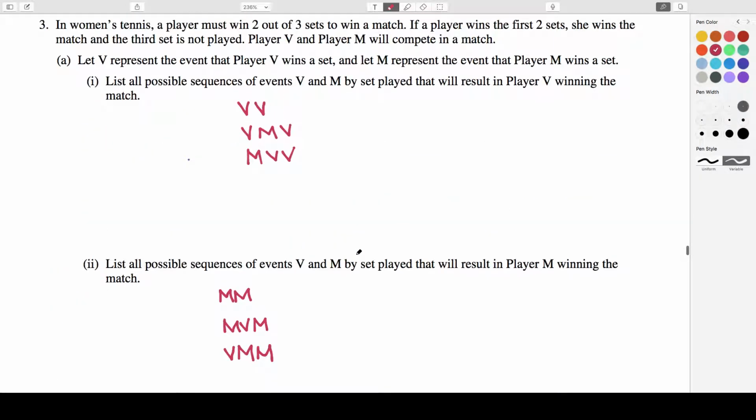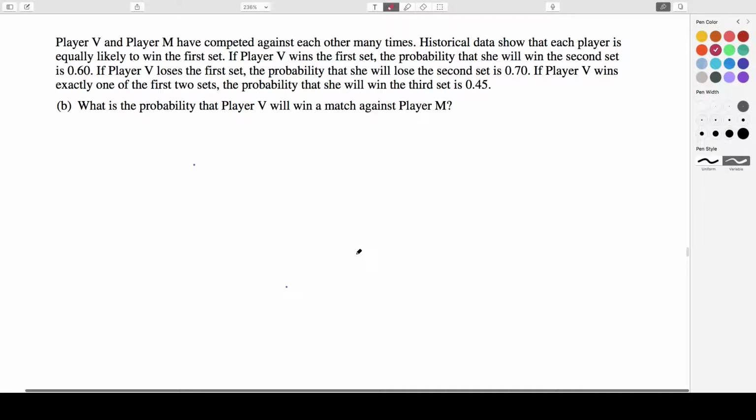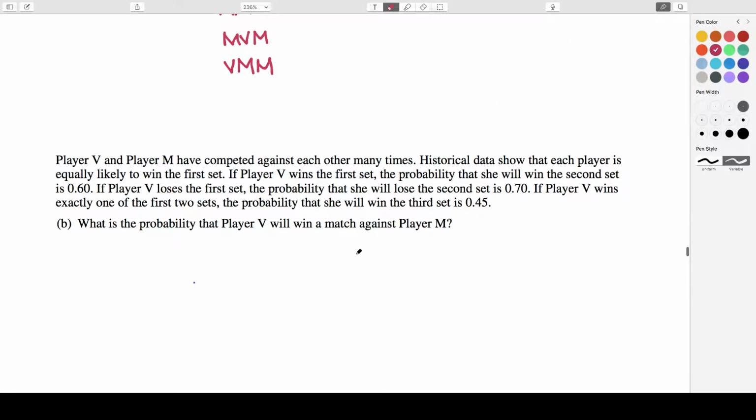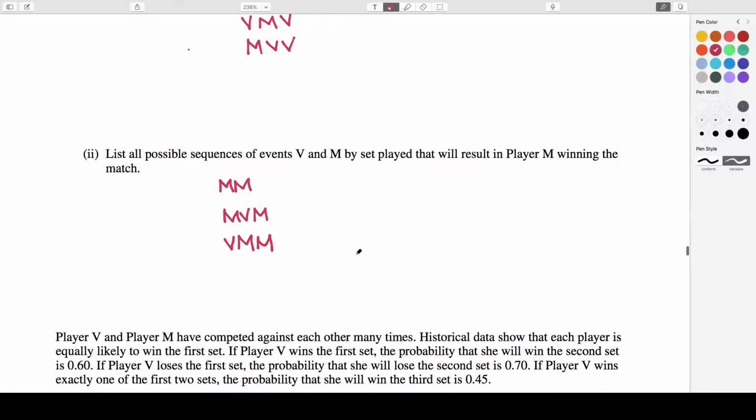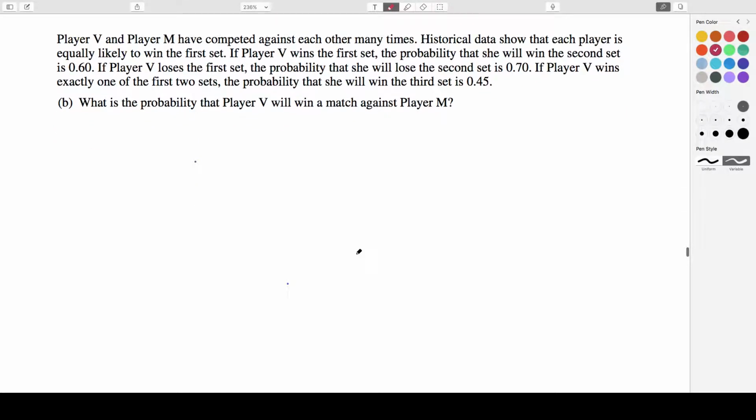Some of y'all just read it and said, nah, too long, too much. Now this part, you have to use your brain. This part was probability. They let your brain rest a little bit for part B. Basically, this is setting up a tree diagram, and that's what you're supposed to do. All right, let me help.